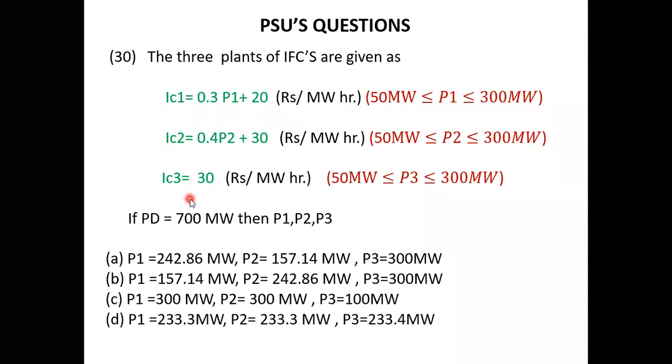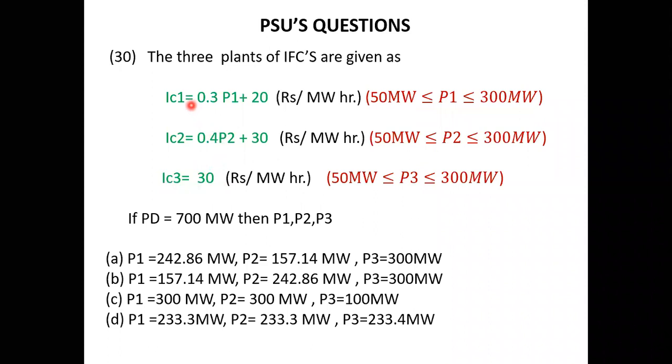For example, when you consider IC3, the incremental fuel cost for IC3 is equal to 30 rupees per megawatt hour. It is completely independent of power. IC3 is always 30 rupees per megawatt hour only. It is independent of how much power you are generating by using the total power plant.